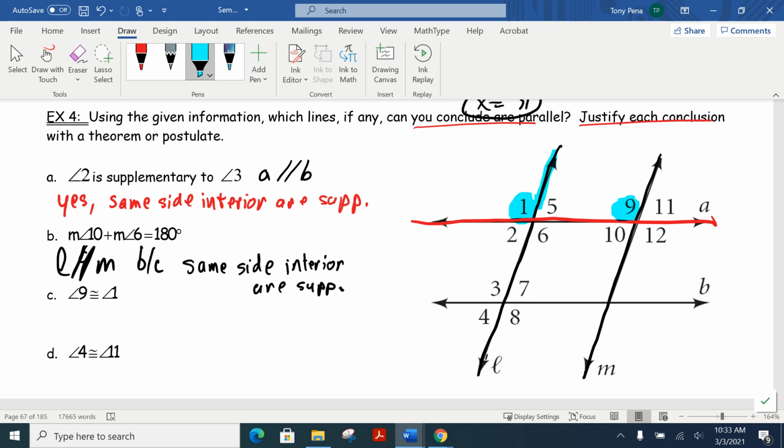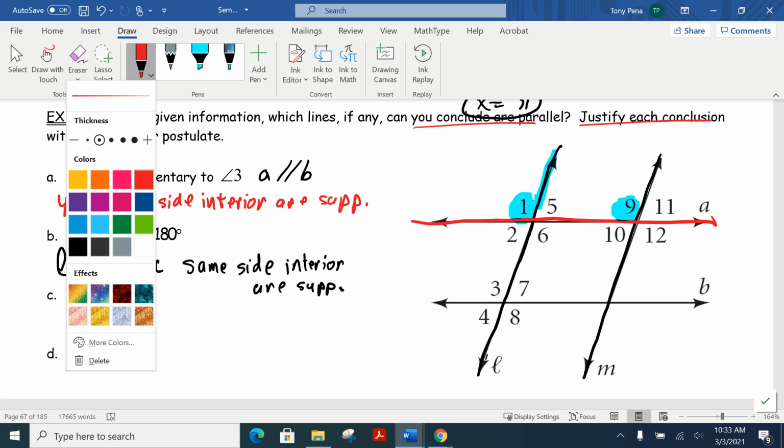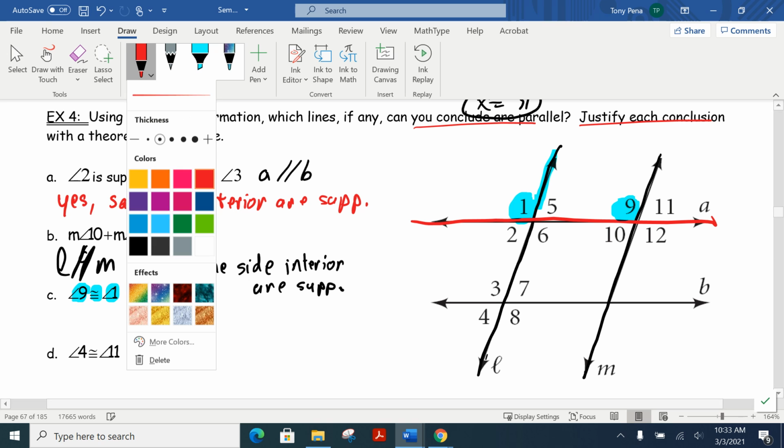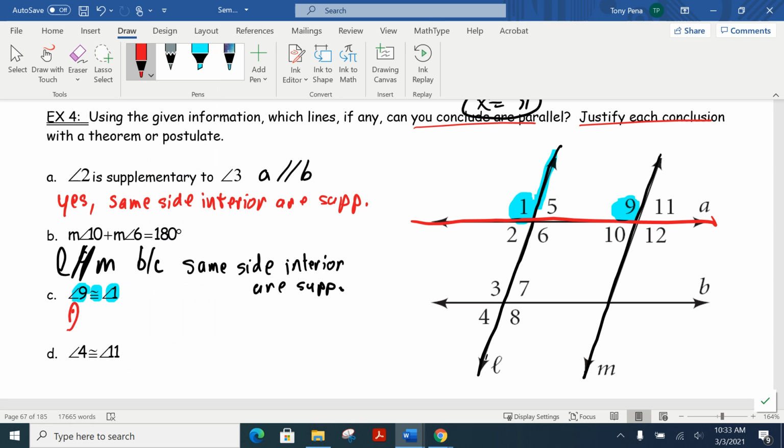Aren't those corresponding angles? They're both the upper left-hand corner of these 4. And corresponding angles are congruent. So because of that, since that's what this is saying, that angle 9 is in fact congruent to angle 1, then that would confirm that line L is parallel to line M, because corresponding angles are congruent.